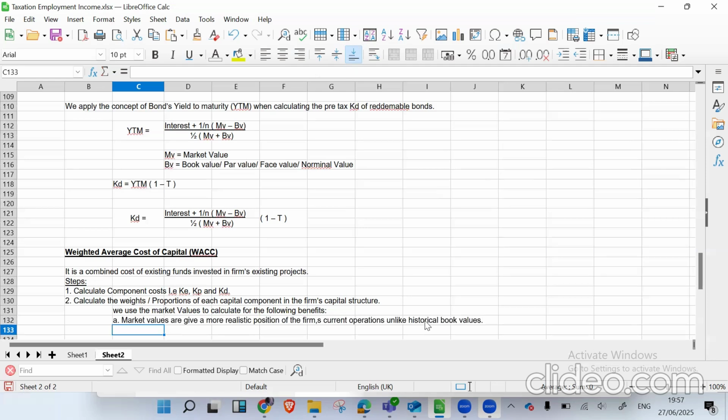So kutumia market values inakaa more real compared to the historical book values.